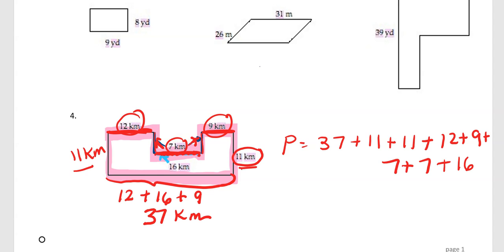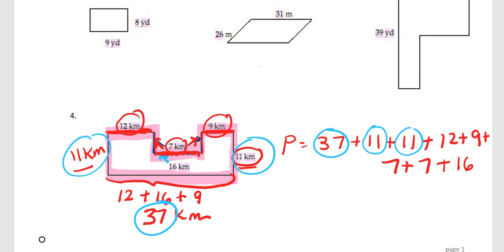Now let me double check my work, because that's going to be important. I got the 37 here. I got these 2 11s. You can see I'm modeling what I want you to do. I want you to double check to make sure you didn't miss any sides on problems like this. So there's my 12, there's my 9.